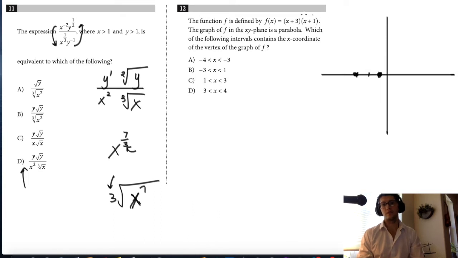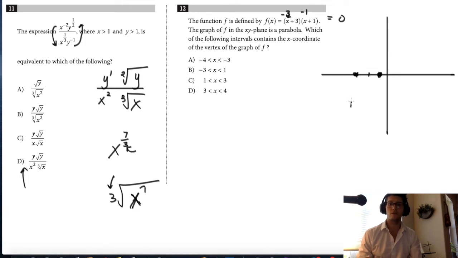Those are values when this thing equals 0, right? Because think about it. These are spots where if you put a negative 3 or a negative 1 in either of these spots, the whole thing is going to equal 0. Doesn't matter what happens in the other spot. If negative 3 goes here, doesn't matter that over here it would be negative 3 plus 1. You get 0 times that amount, right? So these things reflect spots where the graph hits 0, like we already talked about.